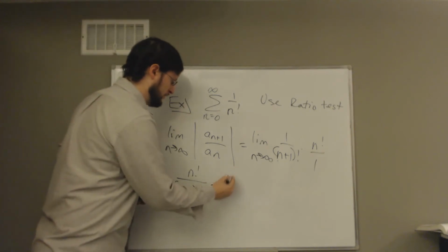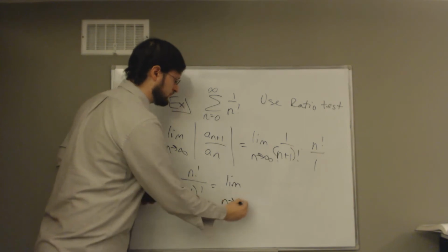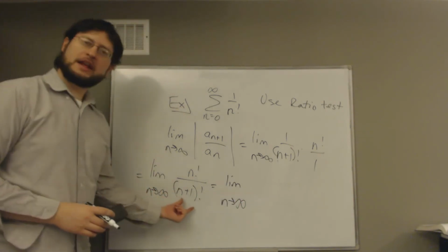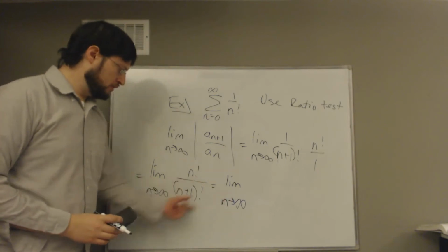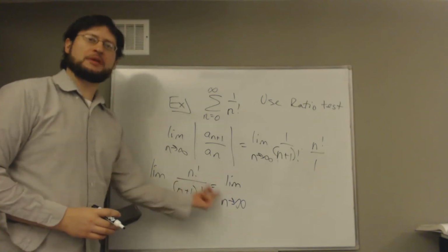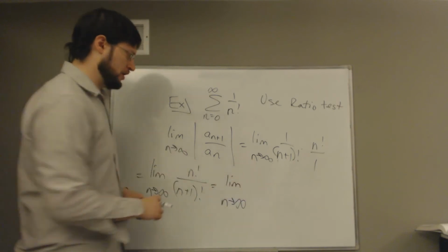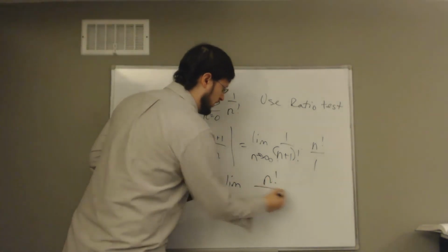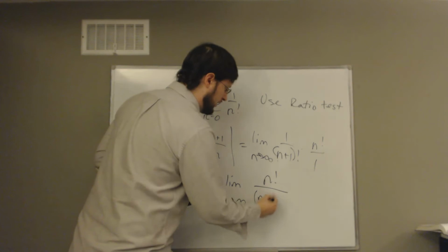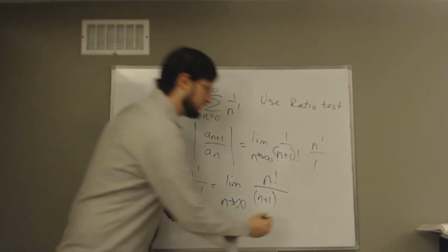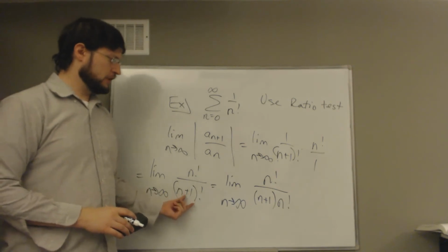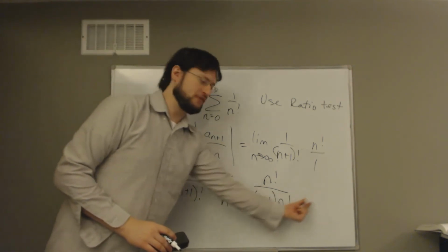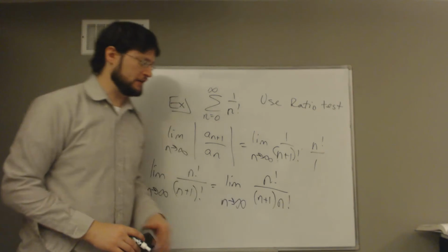Now we have to be a little bit clever. Remember that (n+1) factorial is n plus 1 times n times n minus 1, and so on and so on. So we're going to see this happen a lot. This is (n+1) times n factorial. So for (n+1) factorial, I could start with n plus 1 and then move down, but if I move down, what's left over is n factorial.